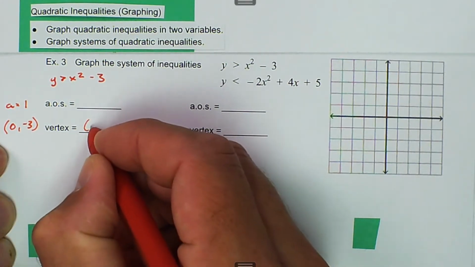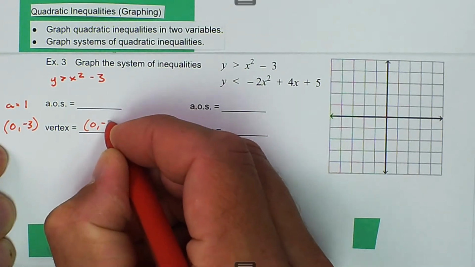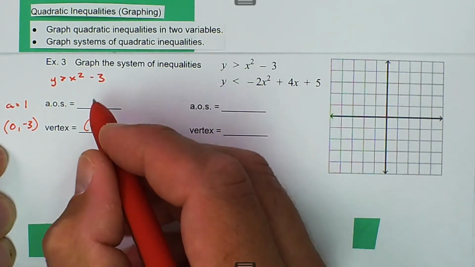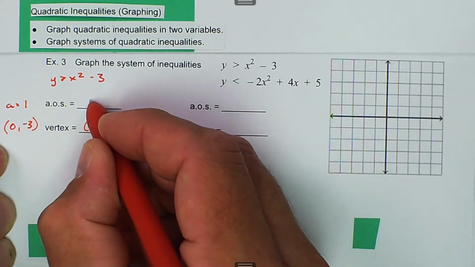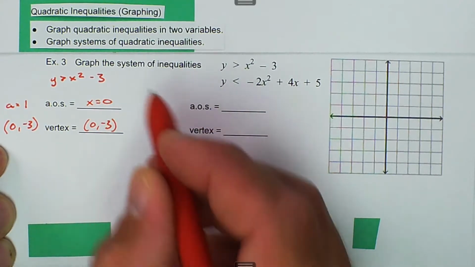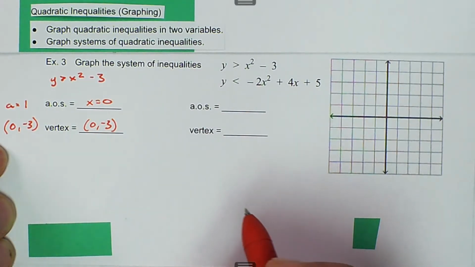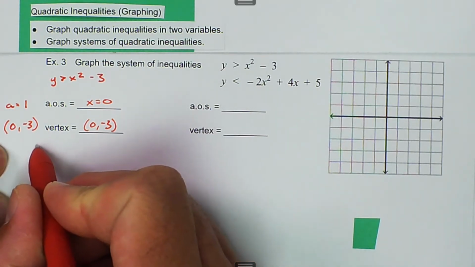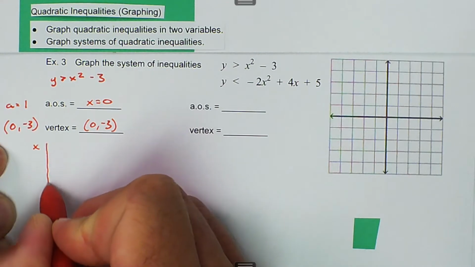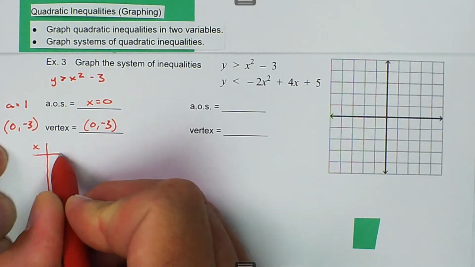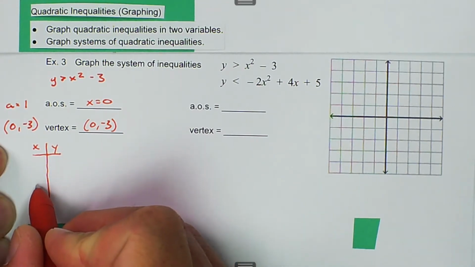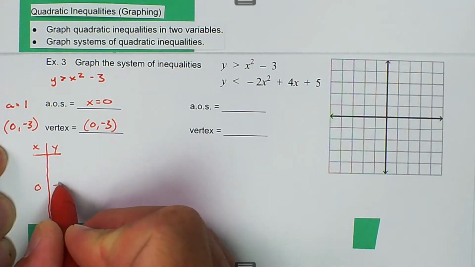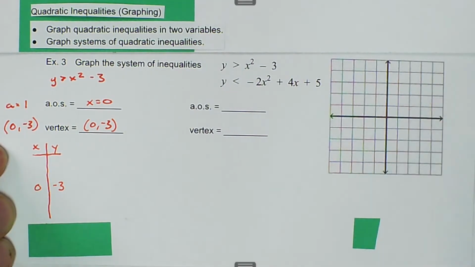So we have 0 and negative 3 as the vertex, and we have x equals 0 as the axis of symmetry. So we can get a few points. We know that the vertex is 0, negative 3, so we can plot that.